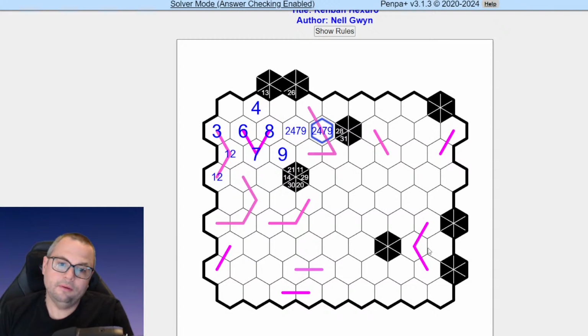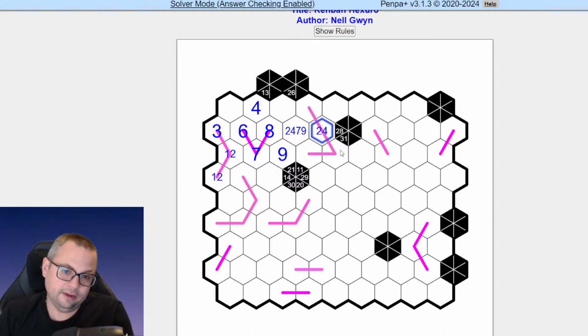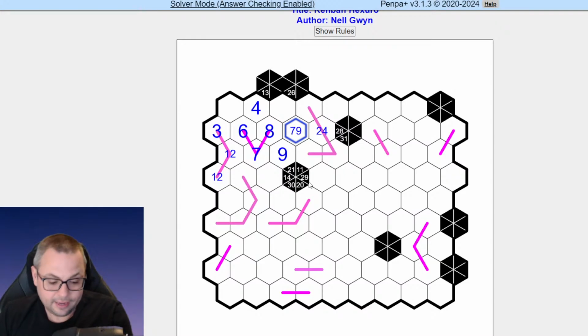Okay. Now, there are lots of numbers I cannot put here. For example, if this is a 9, it will break the 11 because I can't put 2 1s there. But if this is a 7, it still makes this number at least a 4. That's still too big. So this number is actually only a 2 or a 4, meaning that this number is a 7 or a 9, and it's not a 9 because there's a 9 looking at it by Sudoku.